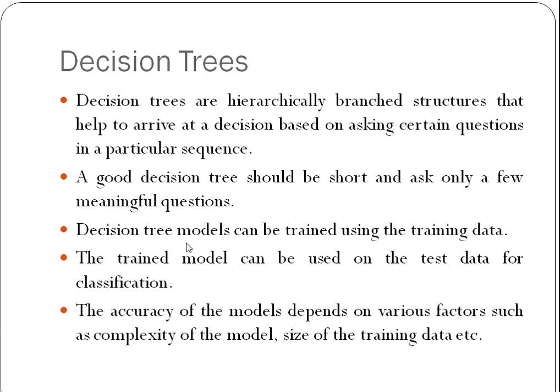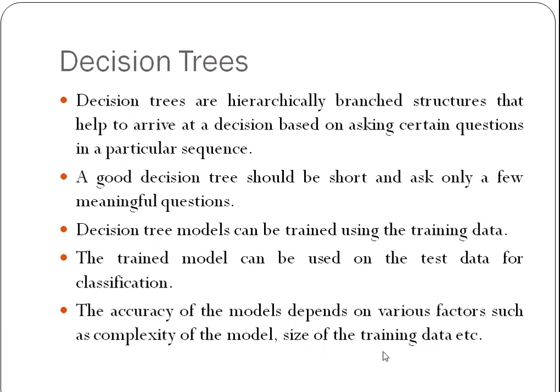Overfitting means it will run very well on the training data, but when given unknown data, it will fail to predict. On the other hand, if we make the model very simple, the accuracy would be less because there are more errors. So we should have an optimized level of complexity.